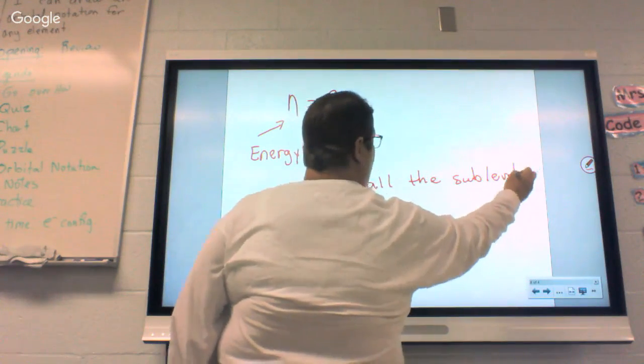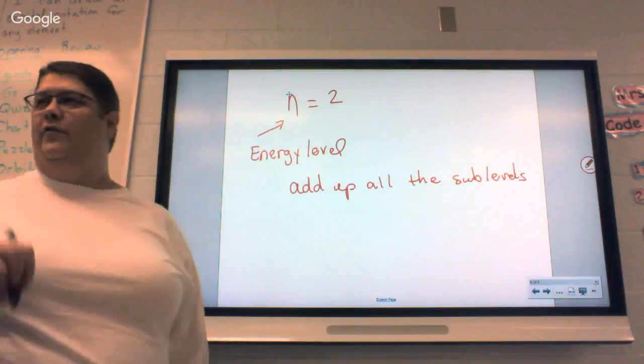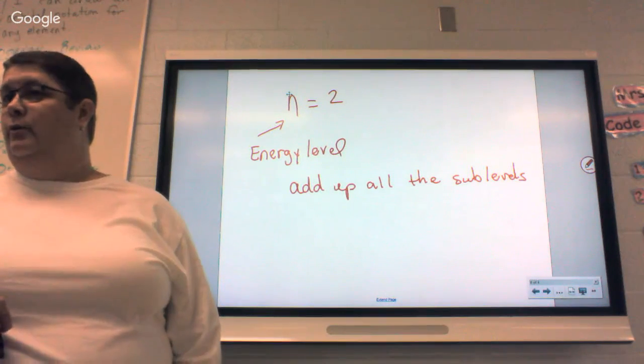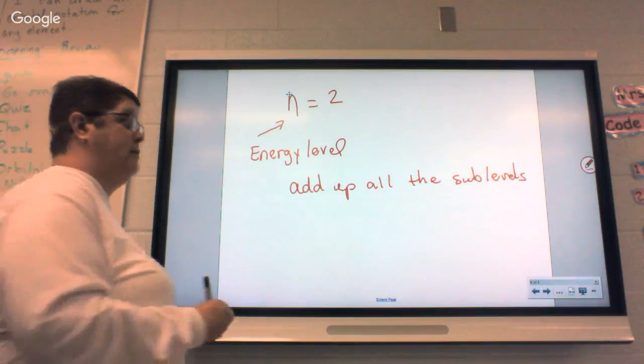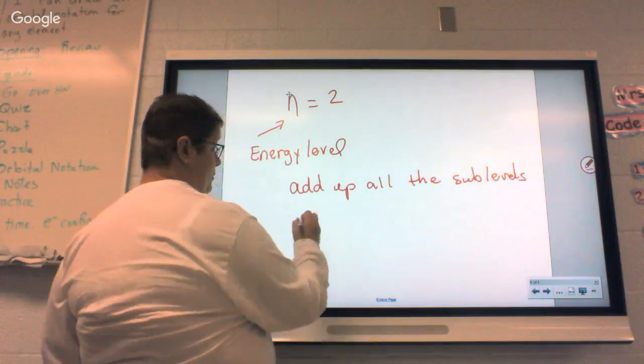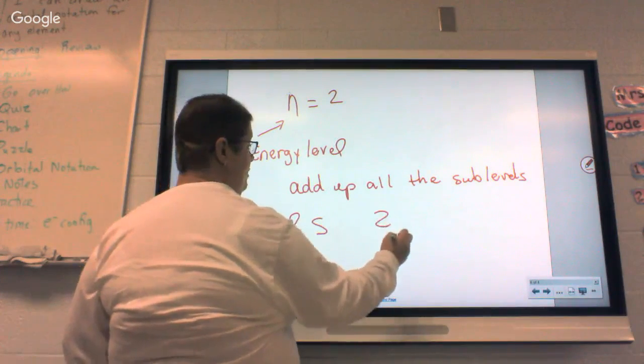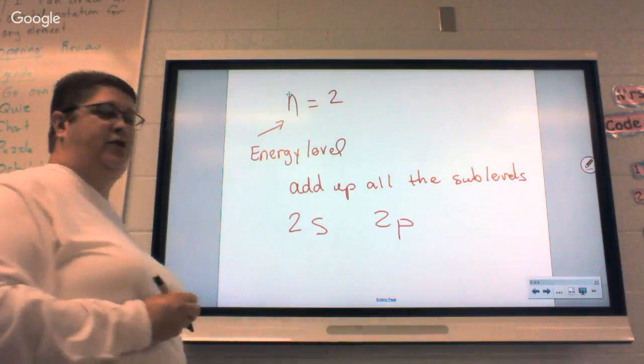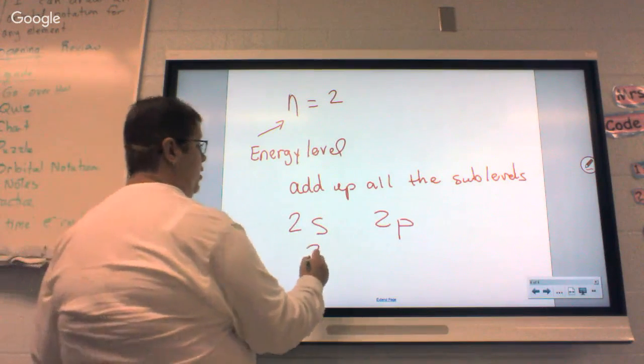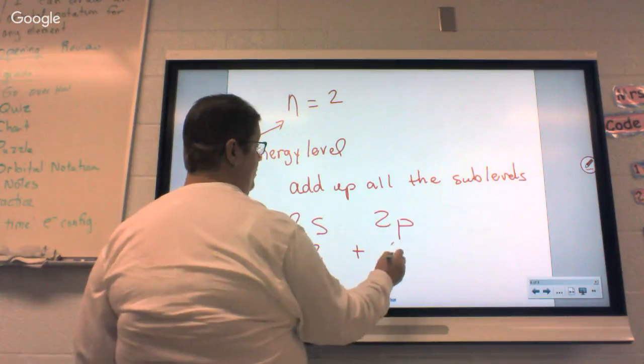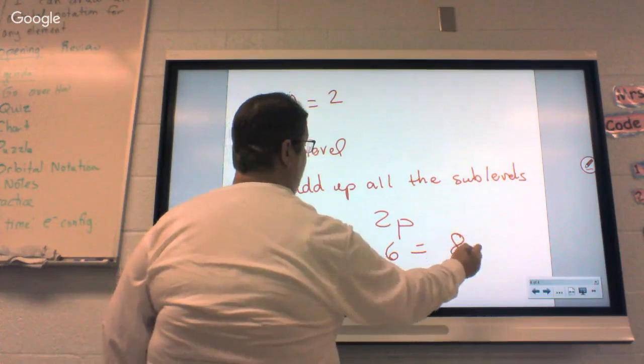How many sublevels are there if n equals 2? What are their names? Okay, 2s and 2p. So, how many electrons can go in 2s? How many can go in p? So that's a total of 8 electrons.